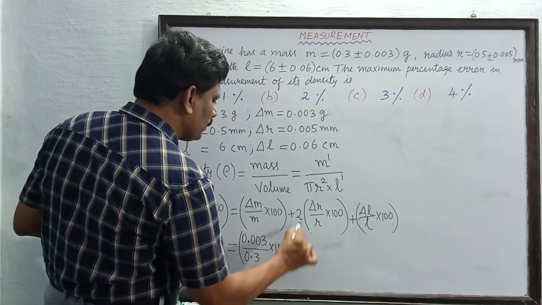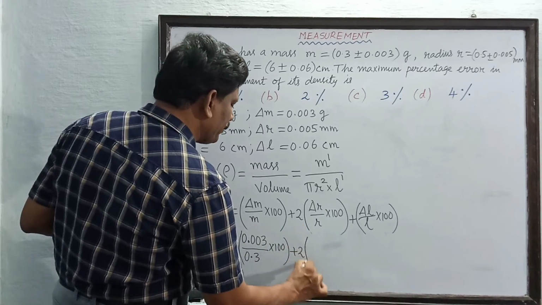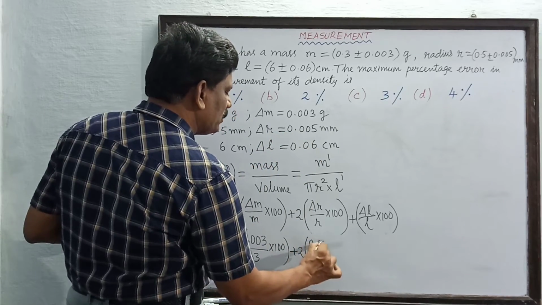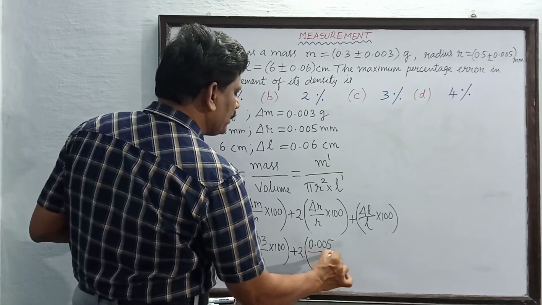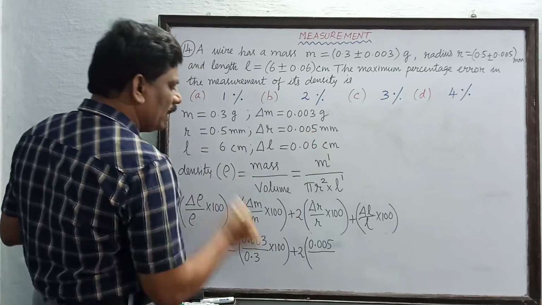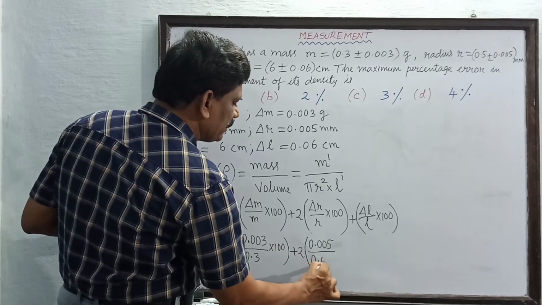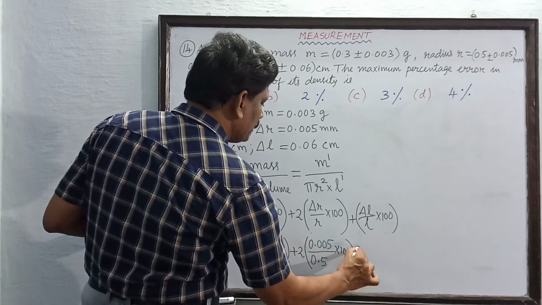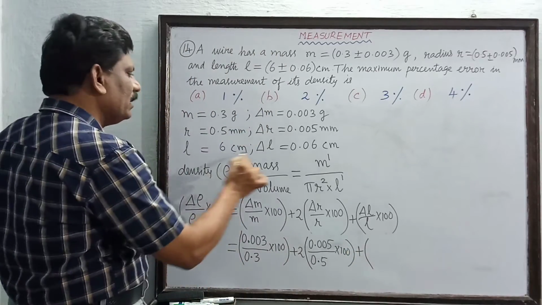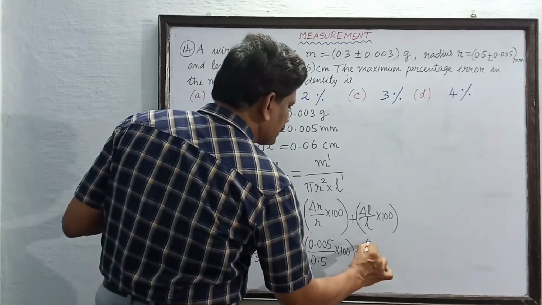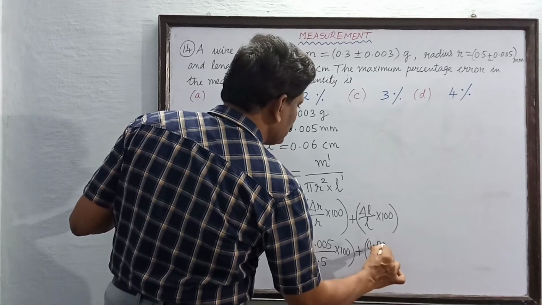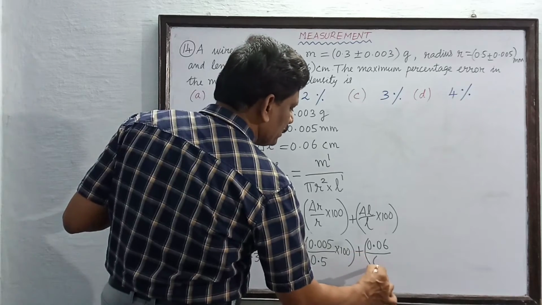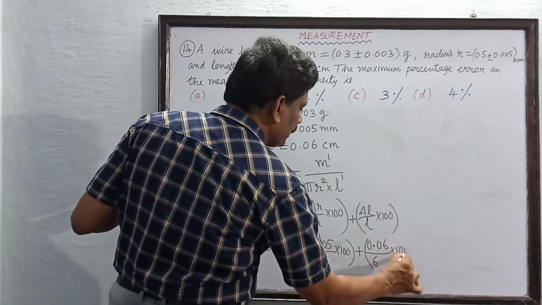Plus second one is 2 multiplied by delta r, 0.005 divided by r is 0.5, into 100, plus delta L is 0.06 divided by L is 6, into 100.